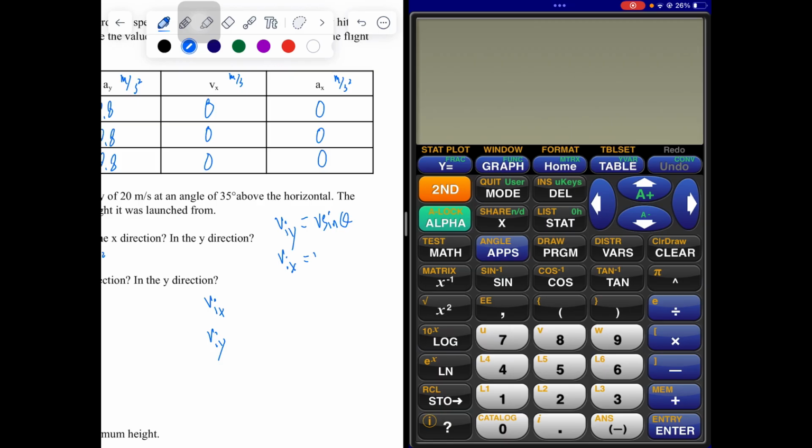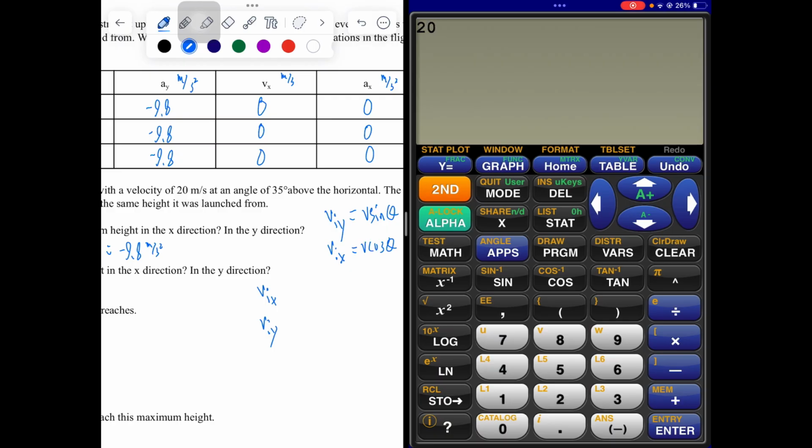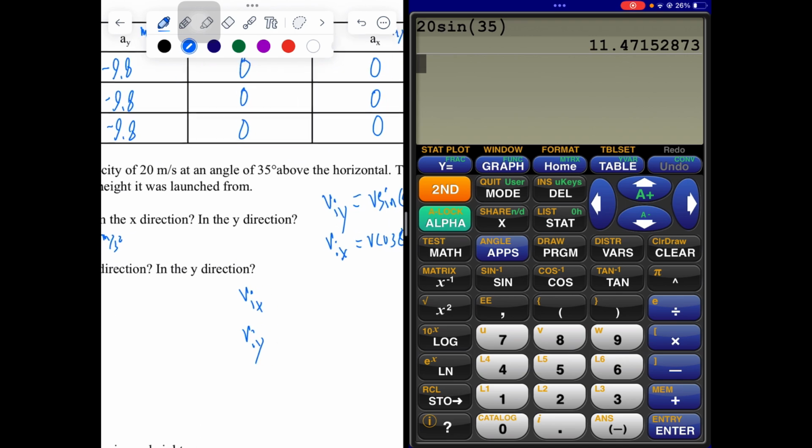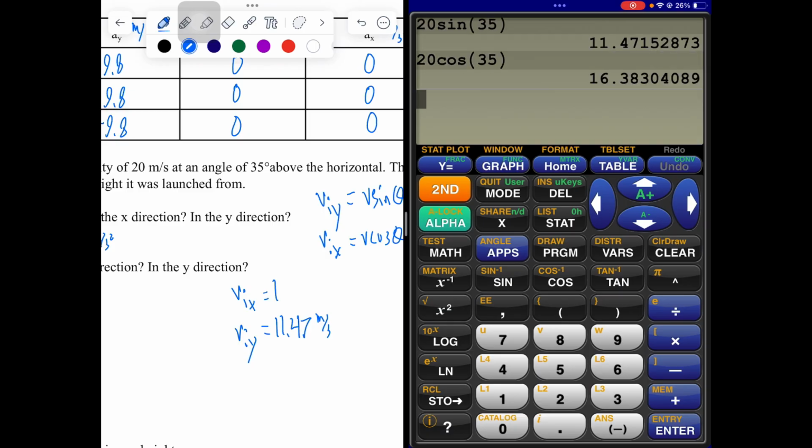In the x, that is your velocity times the cosine of theta. Our initial velocity is 20, so we'll go 20 times the sine of our angle, 35 degrees. That was sine, so that's initial velocity in the y, 11.47. Initial velocity in the x, 20 cosine 35, 16.38 meters per second.